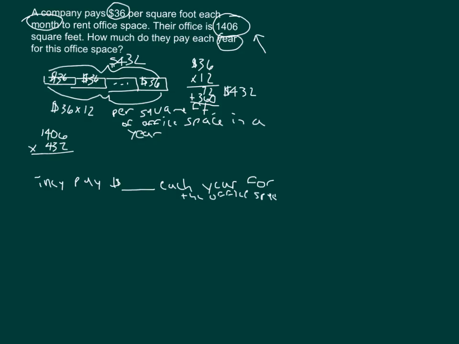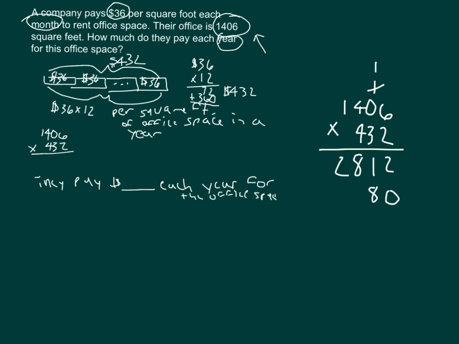Shrinking that down a little bit to give myself some working room. 2 times 6 is 12, 2 regroup a 1, 2 times 0 is 0, plus 1 is 1, 2 times 4 is 8, and 2 times 1 is 2. Placing a 0 because that 3 is worth 3 tens, 3 times 6 is 18, 8 regroup a 1, 3 times 0 is 0, plus 1 is 1, 3 times 4 is 12, 2 regroup a 1, and 3 times 1 is 3, plus 1 is 4.